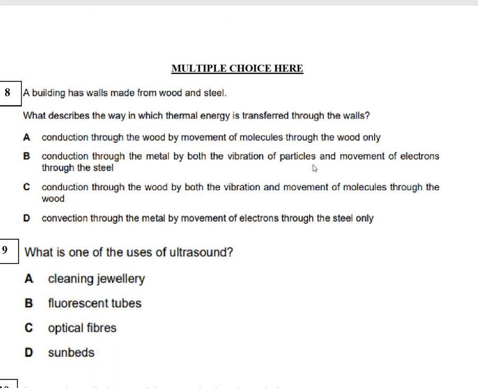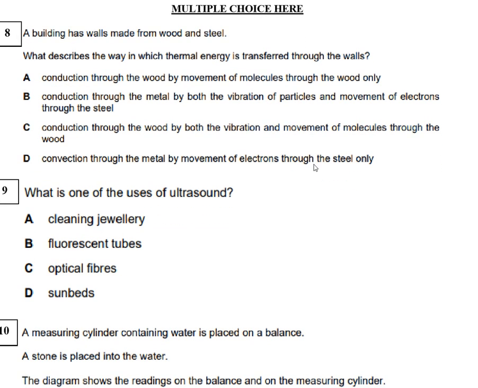Now multiple choice. Which one describes thermal transfer through the wall? Conduction through the movement of only wood, so this is incorrect because of the word only. Conduction through the metal by vibration of particles and movement of electrons through the steel.